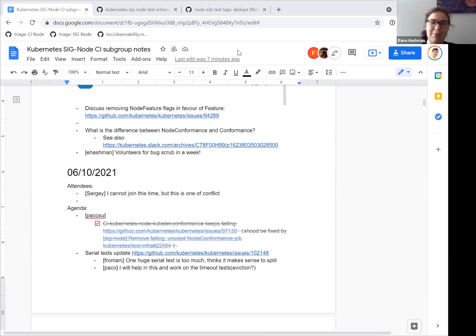So for node conformance versus conformance, I put that on the agenda because we had a question about it in one of the PRs, and I opened a thread and got some feedback in the Kate's conformance channel on Slack. So Artem, to your point, whether any feature will become conformant, I have only one example in my mind where a test is not conformance, even though it's a GA feature, and such a test will take a dependency on log messages.